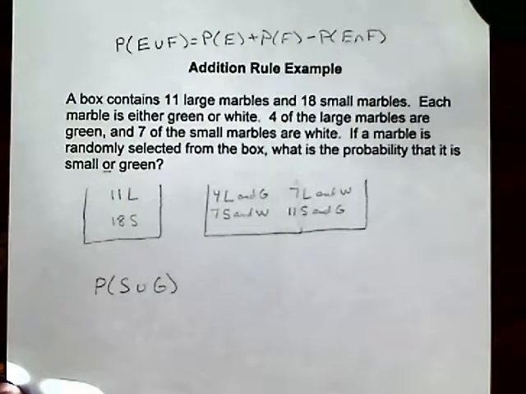And the intersection deals with two events happening at the same time, or what's common between the two events. And so we're asking the chance that we pull up a marble that's small or green. The ways that can happen is the marble could be small and white, or it could be small and green, or it could be large and green, or small and green. I think I already said that part.